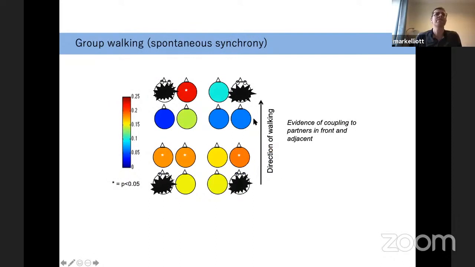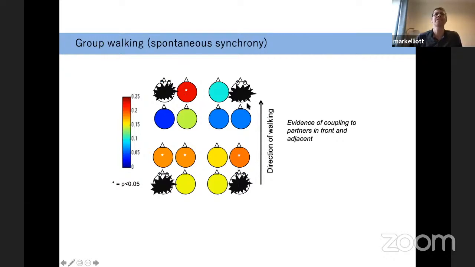So here's the results, and we can see that by having no particular instructions, there's much more peripheral input from the surrounding people in the group. So if we start with the back participants, we can see that there's a fairly strong coupling to both people in front of them, but also some coupling here to the person adjacent to them as well, and the same on the right hand side.